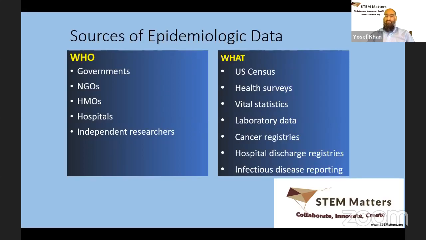That includes governments. So it could be local governments, it could be state governments, federal, it could be international, NGOs, so non-profit organizations and non-governmental organizations like the Heart Association.